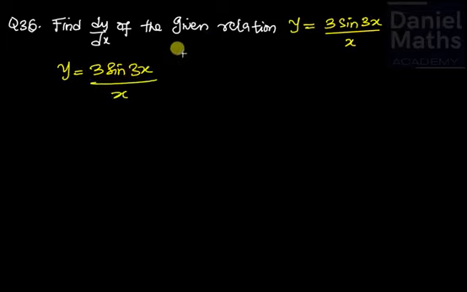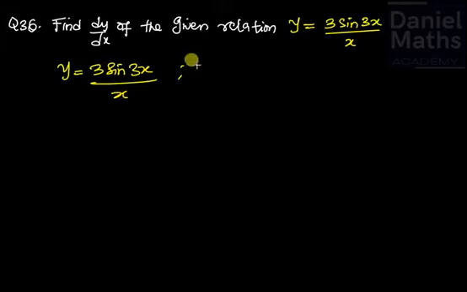Alright, so here we could note that our numerator is a product, so we're going to solve this using a different method. Basically what we need to do is to treat this as a function, and when we're done, bring it back to here.